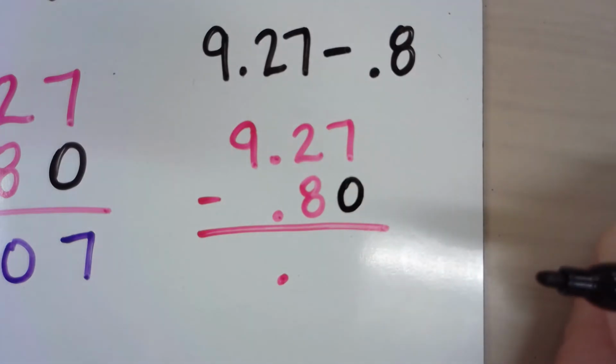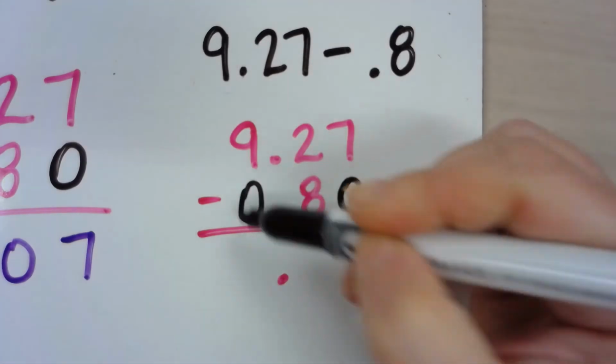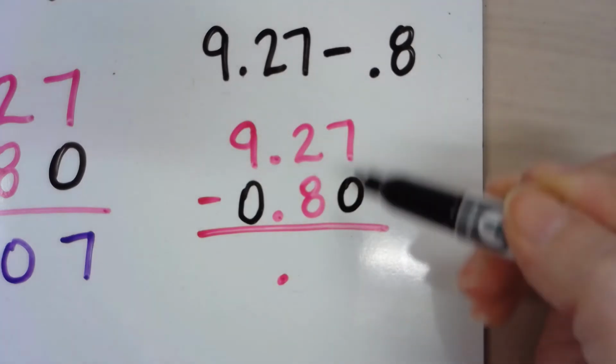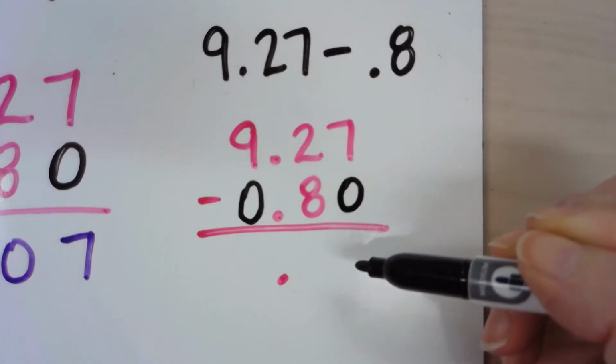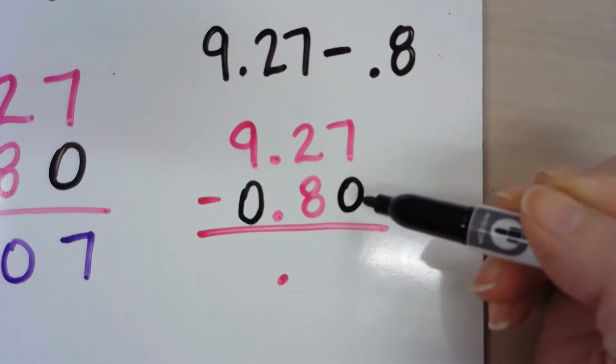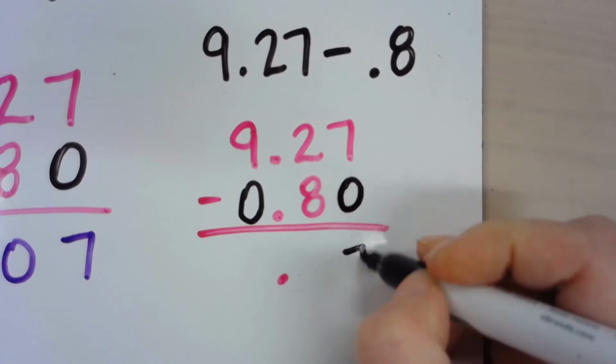This 9 does not have a partner place value, so I will write 0. Notice, guys, from here, it's quite similar to subtracting whole numbers. We start with the smallest place value, which is the place value all the way on the right. I have 7 minus 0, which gives me 7.